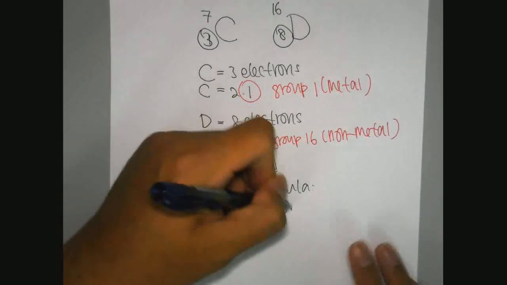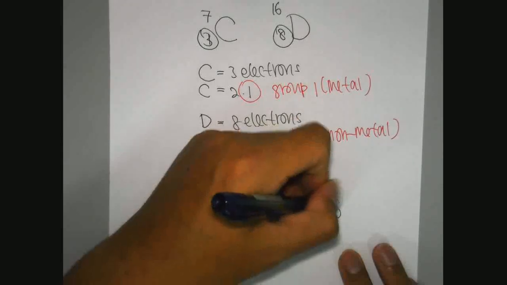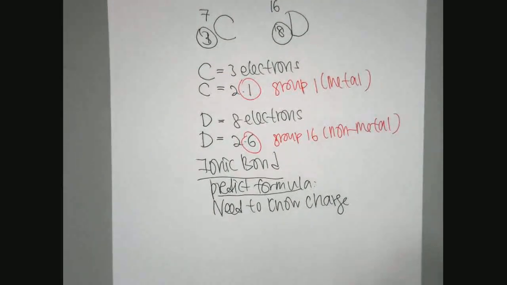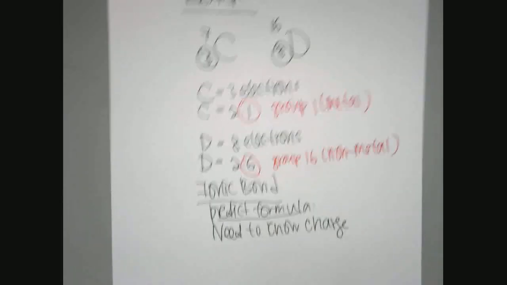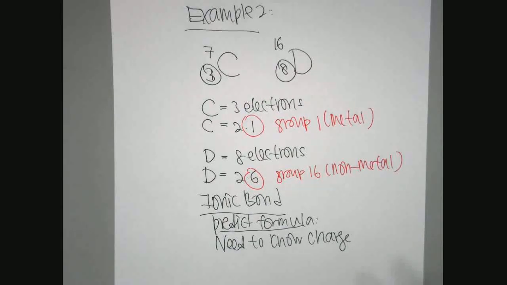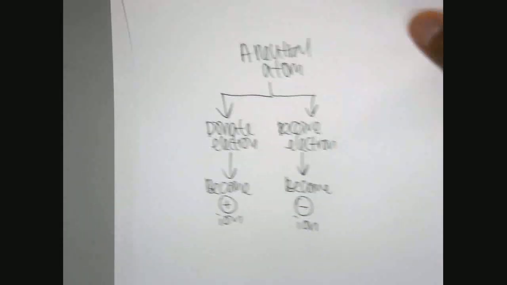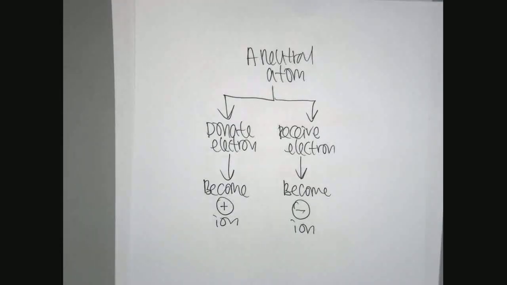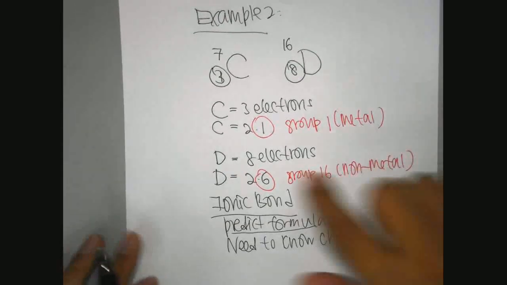If we want to know the charge, we must look at what we have. The question is not giving us any charge, so we have to figure out the charge ourselves. We must know whether C and D will donate or receive the electron. So let's start with C.